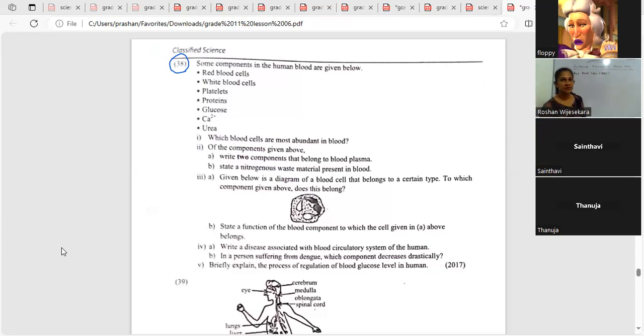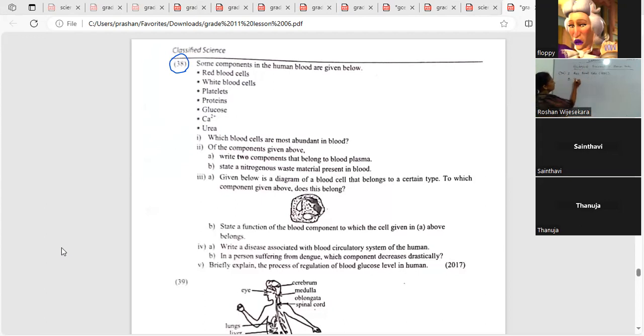Then second question. Of the components given above, write two components that belong to blood plasma. Protein, glucose, calcium, urea are the components of blood plasma. White blood cells, red blood cells, platelets are blood cells, and platelets are fragments of cells. You have to write only two.